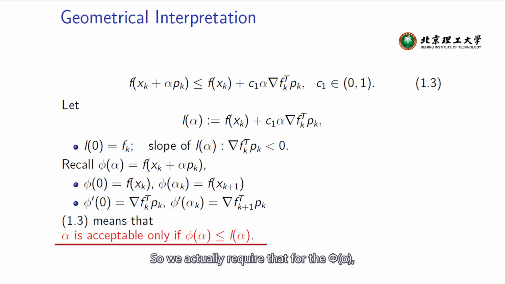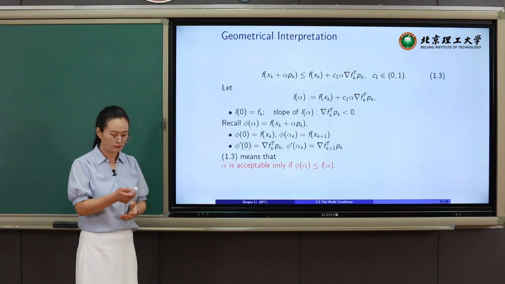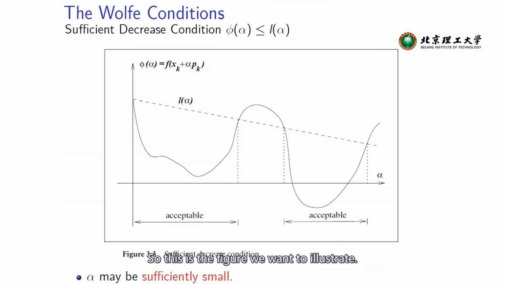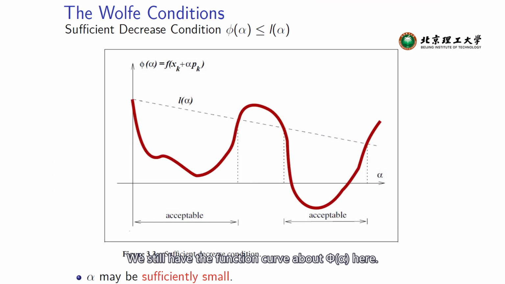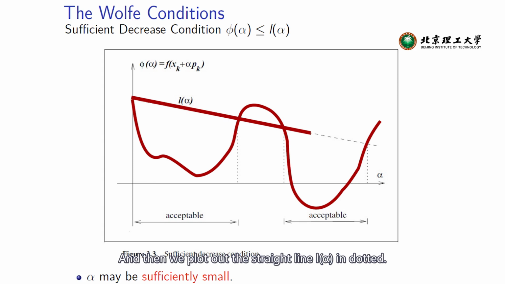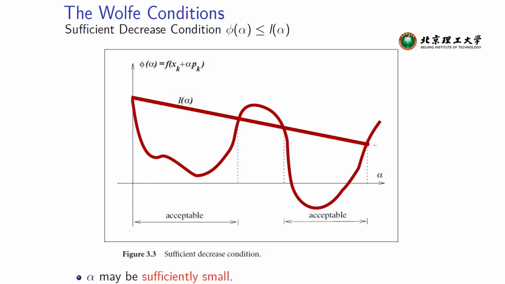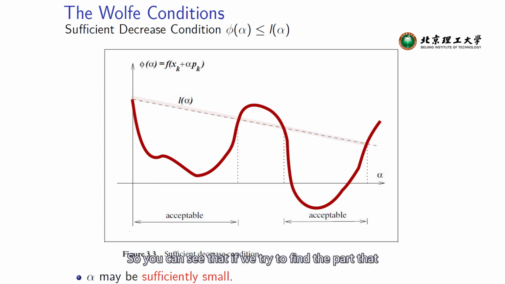After presenting these relations, we transfer the condition to this one. We require that the curve phi(alpha) must lie below the line L(alpha). This is the figure we want to illustrate. We have the function curve phi(alpha) here, and then we plot the straight line L(alpha) as a dotted line.